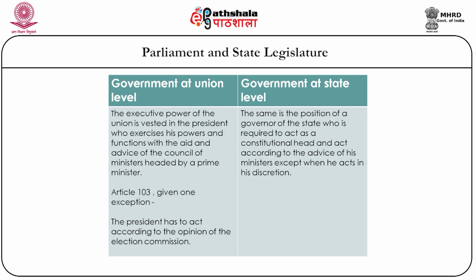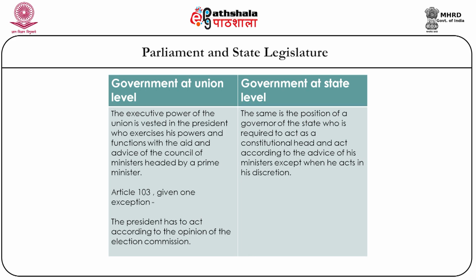Now, I will come to the second level of the government, that is government at the state level. Here the position of the government of the state is the same as that of the president at the union level. Here also the constitutional head is known as governor, who is required to act as constitutional head and act according to the advice of his ministers, and these ministers are headed by the chief minister.